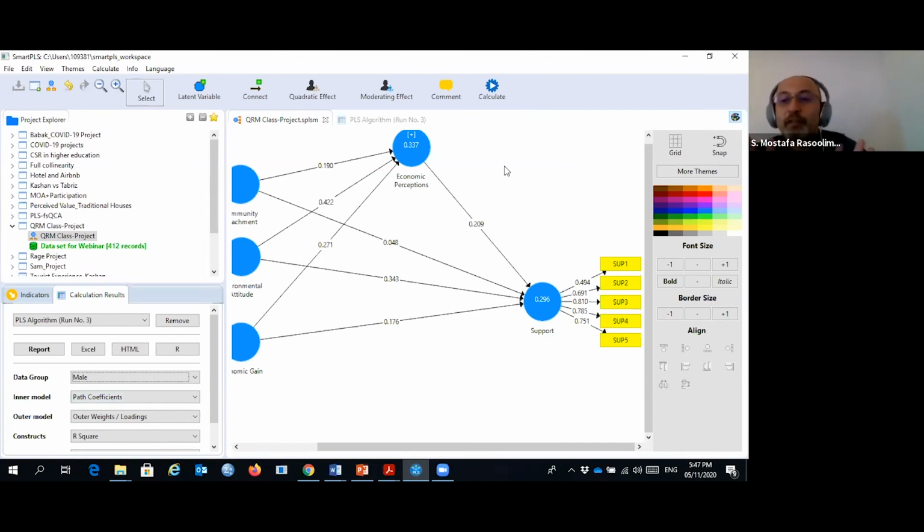But it's not part of MGA. It's only to perform analysis. I wanted to show you that when you generate the group, you can run analysis for complete data and for each data group, and you can have the result for the measurement model and structural model.